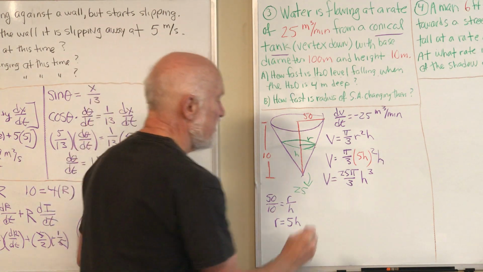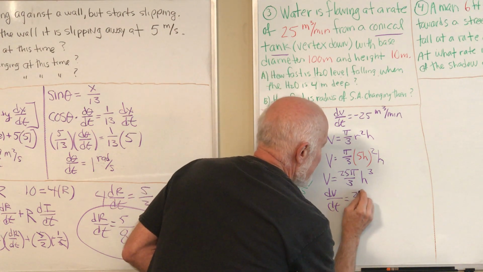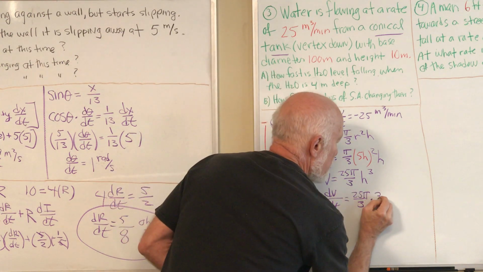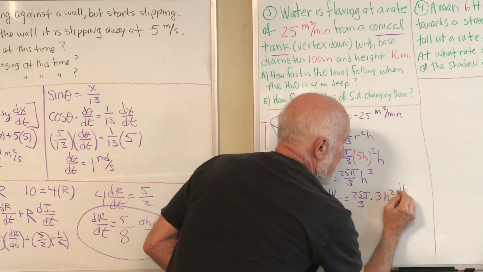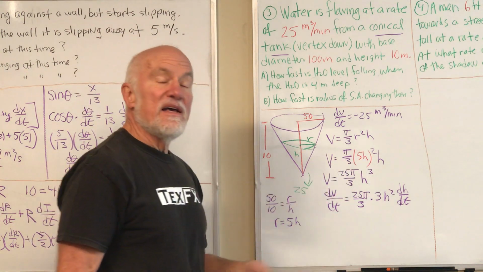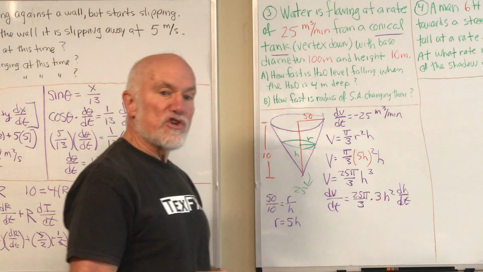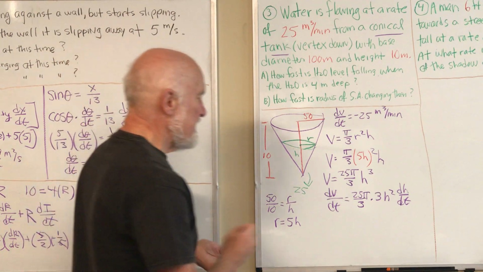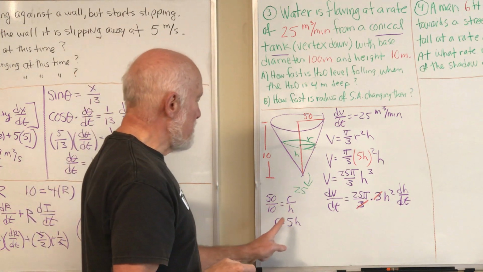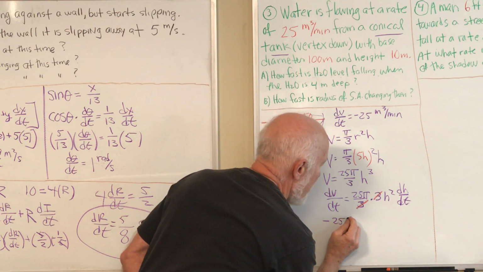So now we can take the derivative with respect to time. The constant just stays there, and the derivative of h cubed is 3h squared times dH dt. So unless the variable is actually time, you always have to do the chain rule in these problems. You just know that h is a function of t. Well, we can cancel out the 3's, and now we plug in the numbers. dV dt is negative 25 because the water is flowing out.